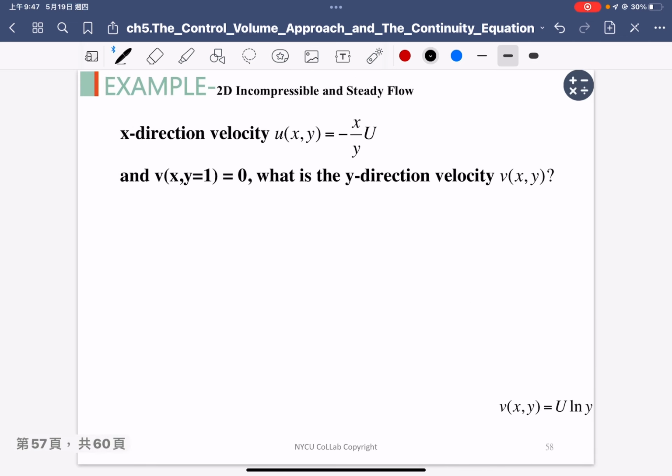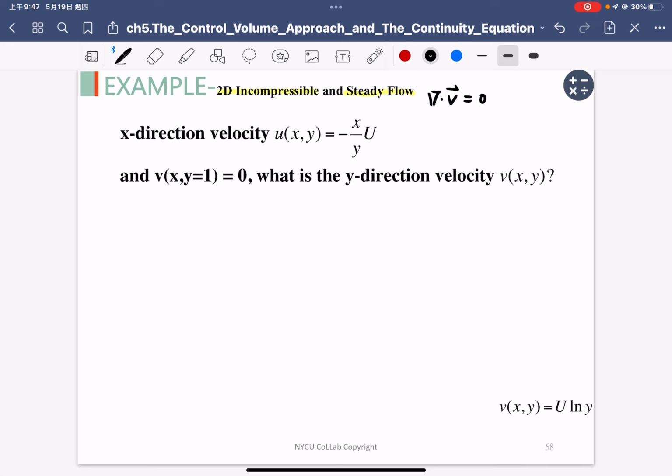Okay, so right now we have one exercise, and we can practice how to apply the continuity equation in differential form. As you can see, in this exercise the problem satisfies incompressible flow and steady flow. So we know that the divergence of the velocity field is equal to 0.